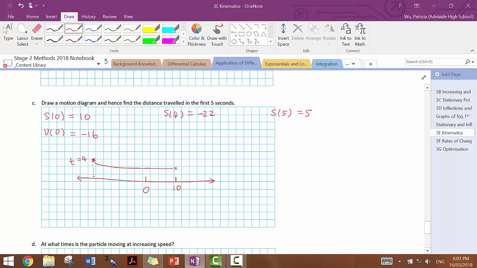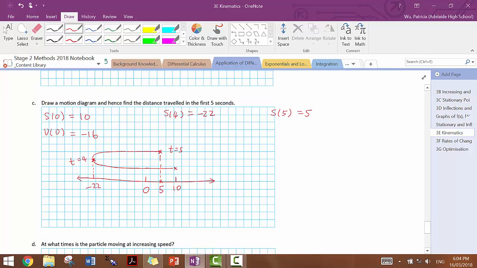And the displacement at that time is negative 22. After reversing the direction, I keep going, and the next time at t equals 5, that's where the domain stops. So I just need to count the distance in that time, and then that displacement there is 5. That's what we worked out there.